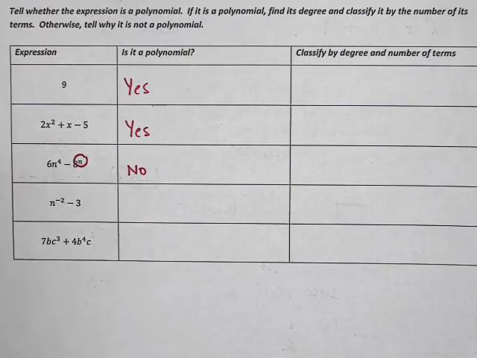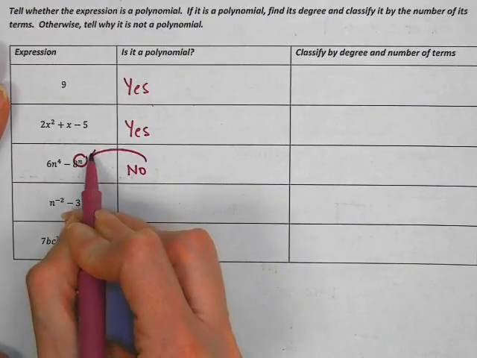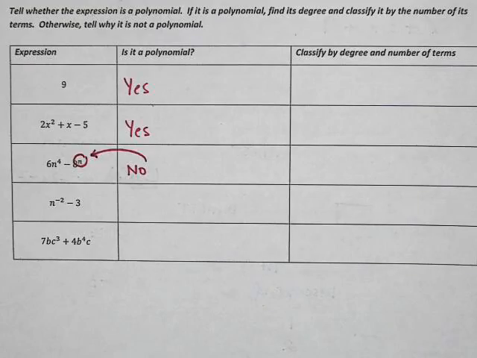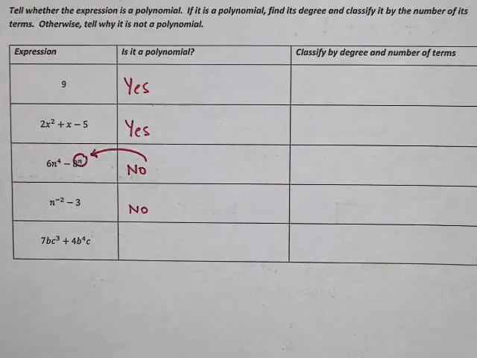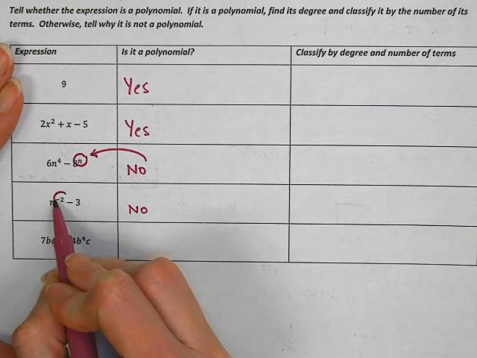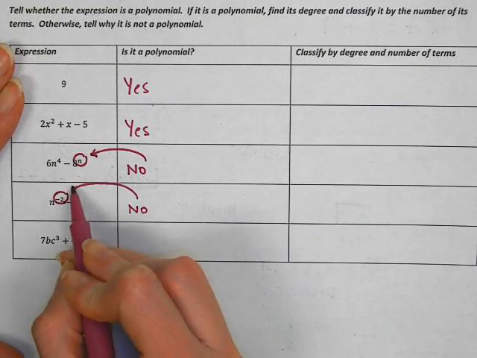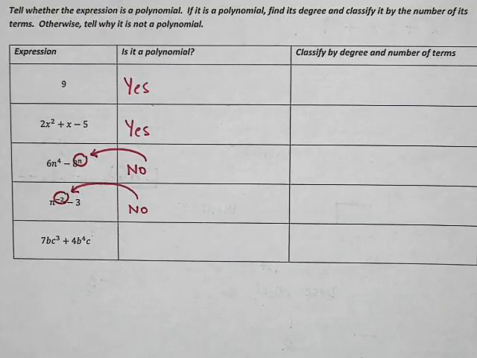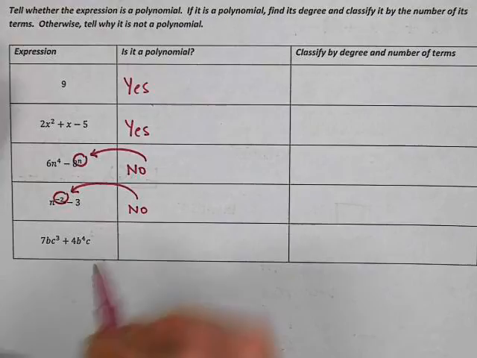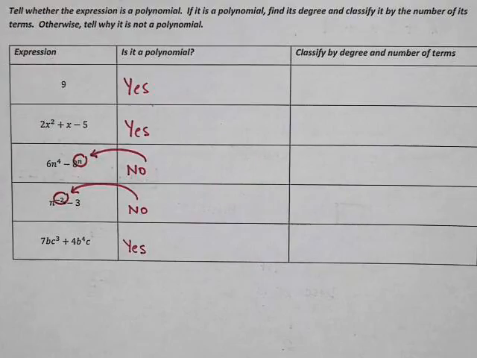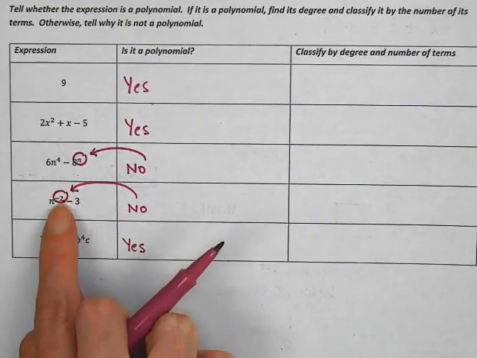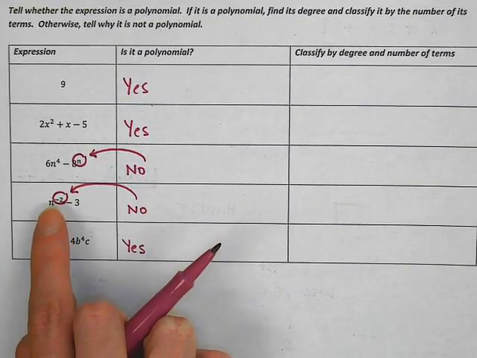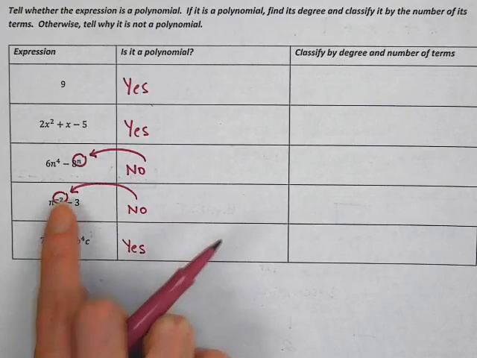That's why it's a no. This one is also no, and this was on the front. This one's no because there is a negative exponent. No negative exponents allowed. And this one is also yes. So you're looking for those rules: no variables as a power, no negatives as a power, no fractions as a power, and no square roots.